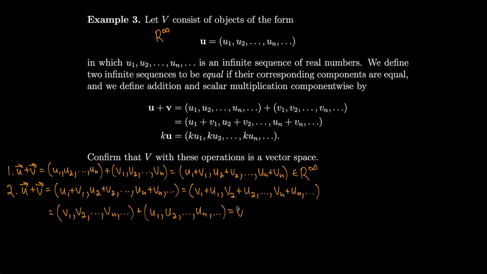Okay, so that's just v plus u, exactly what we wanted. Let's check number 3. So we need to check associativity. So let's look at u plus v plus w. So we'll again write everything out.